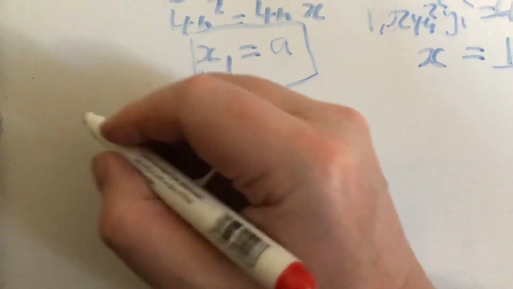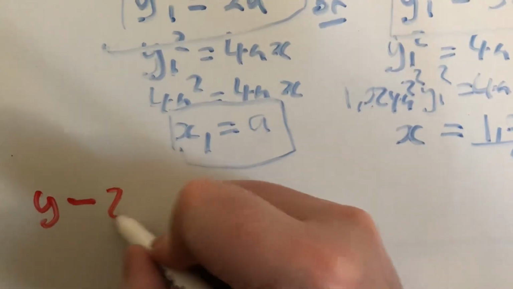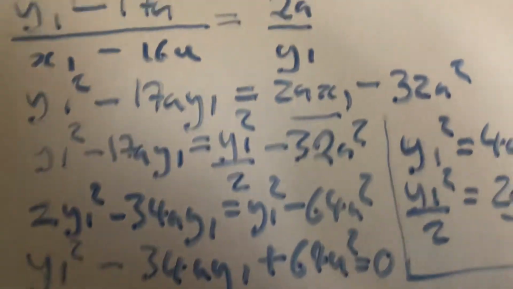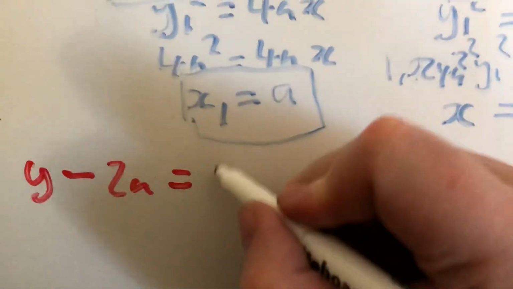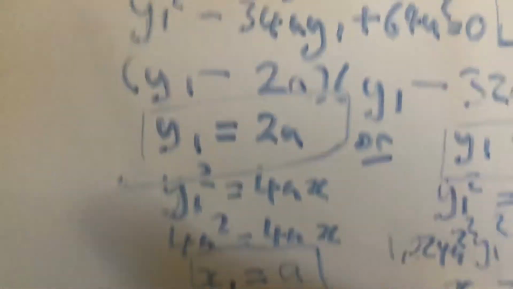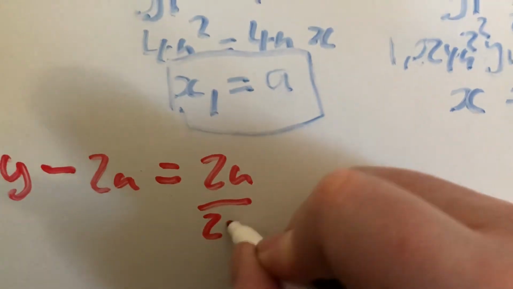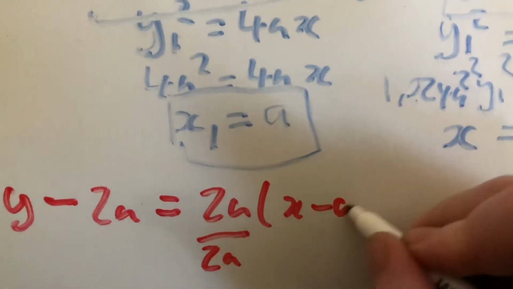And it's the same method that we've been doing since we were at secondary school or high school. So the first case, we've got y minus y1, which is going to be 2a, is equal to the gradient. The gradient, as we know, is right up here. So it's 2a over y1, which is 2a, multiplied by x minus x1, which is equal to a.